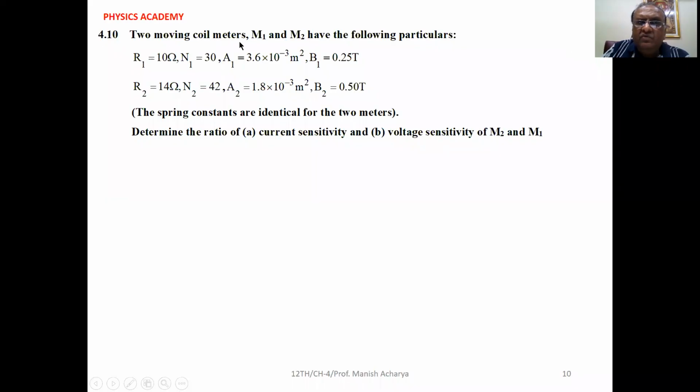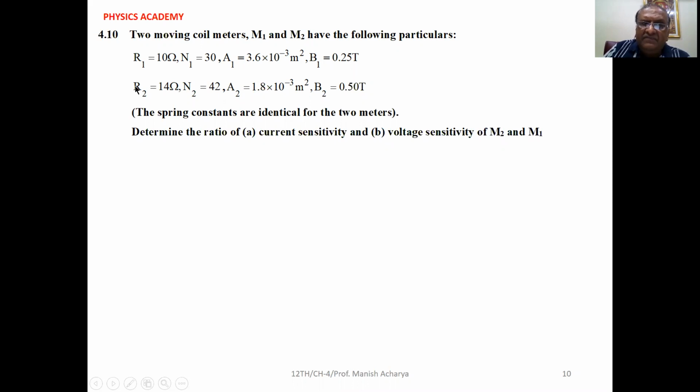4.10. Two moving coil meters M1 and M2 have the following particulars. R1, that is 10 ohm, N1, that is 30, A1 3.6 into 10 raised to minus 3 meter square, and B1, that is 0.25 Tesla.